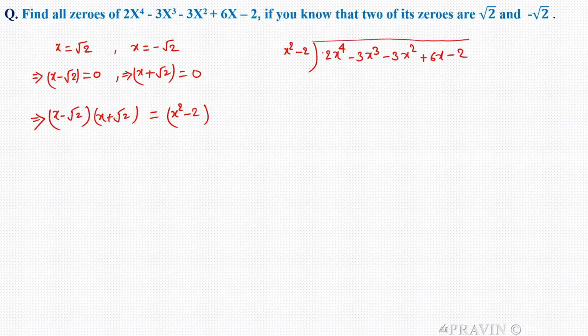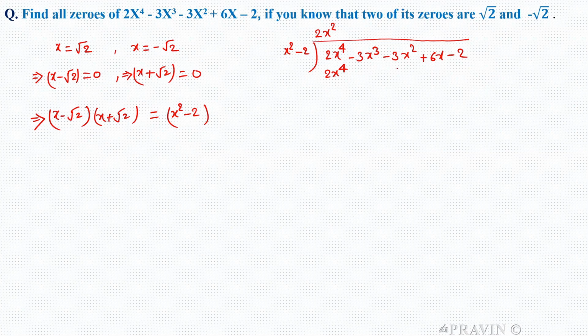Here you need to eliminate this term first. For that you have to multiply it by 2x square. Here you will get 2x to the power 4, and minus 2 into 2x square will give you minus 4x square. But in the polynomial you will find that the next term is minus 3x cube, so you need not write it here.